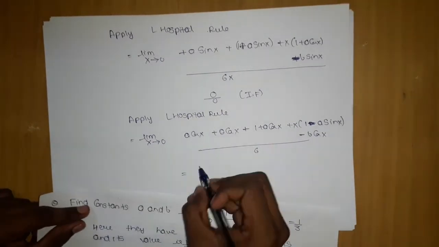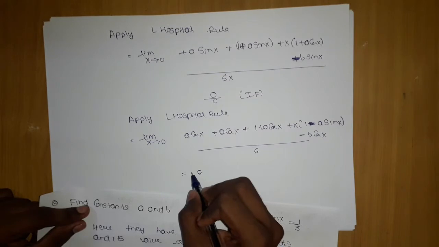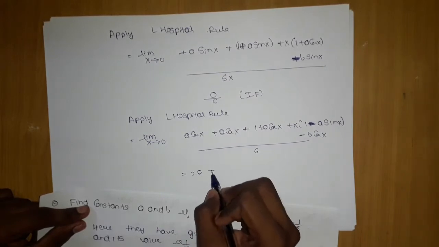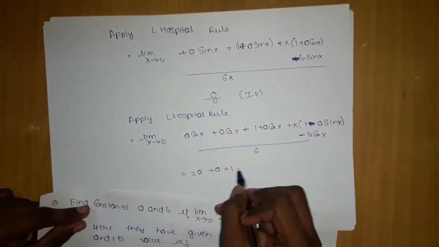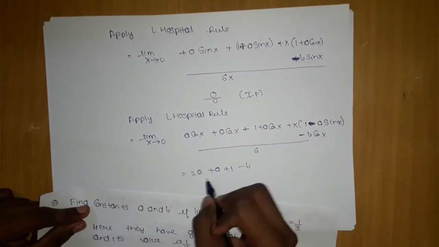Now we are getting a finite value. If I substitute the values, I have a plus a, plus 1 here, x term will be 0, minus b, the whole by 6.